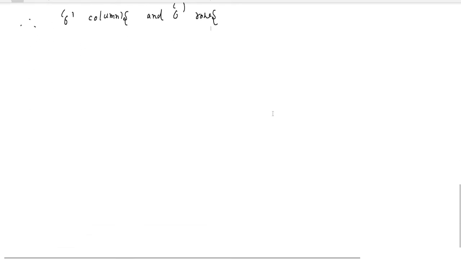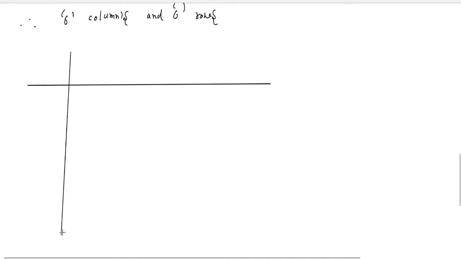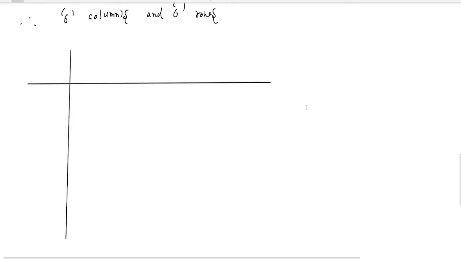So let us try to draw the table here. Here I'm taking m1 and m2, and here I'm taking the j and m values.